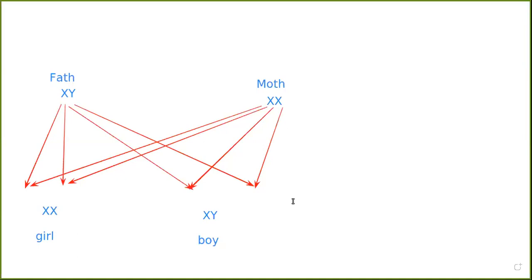That will shift the probabilities. So we cannot tell in advance that the probabilities are exactly 50-50. What do we do in such cases?